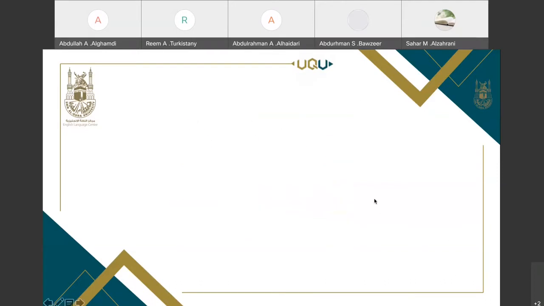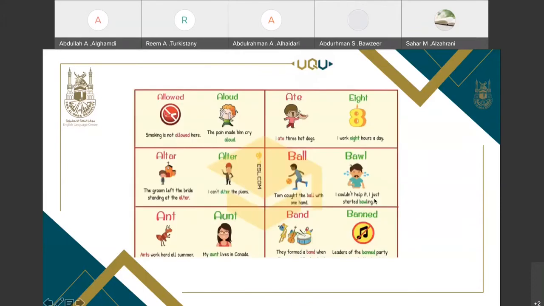Another example, homophones. Is it also a big deal to make students know that two words are pronounced in a similar way, like eight and ate, or bowl and bowl, or allowed and aloud? I don't think that's a very big deal, specifically if you are accompanying this with a picture in front of them. So you can devote the class time for using these words in sentences, for example, or connecting them to other examples.